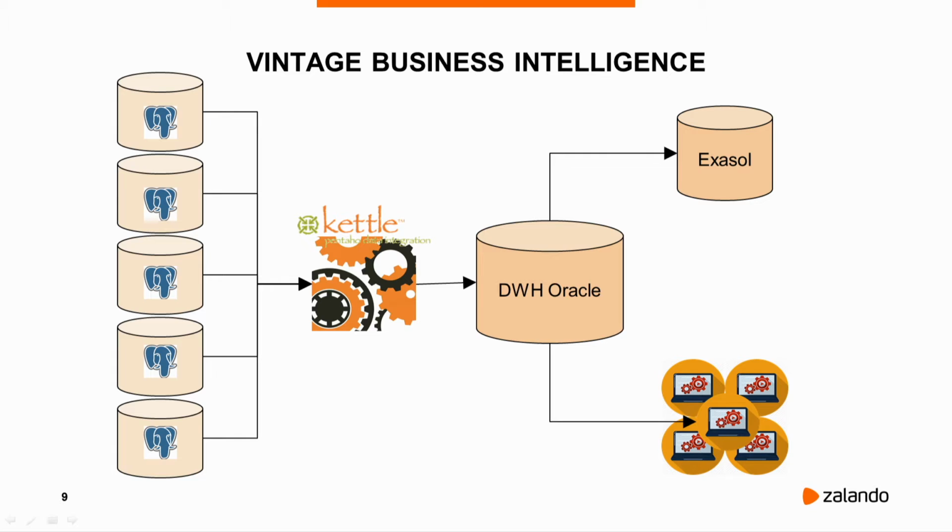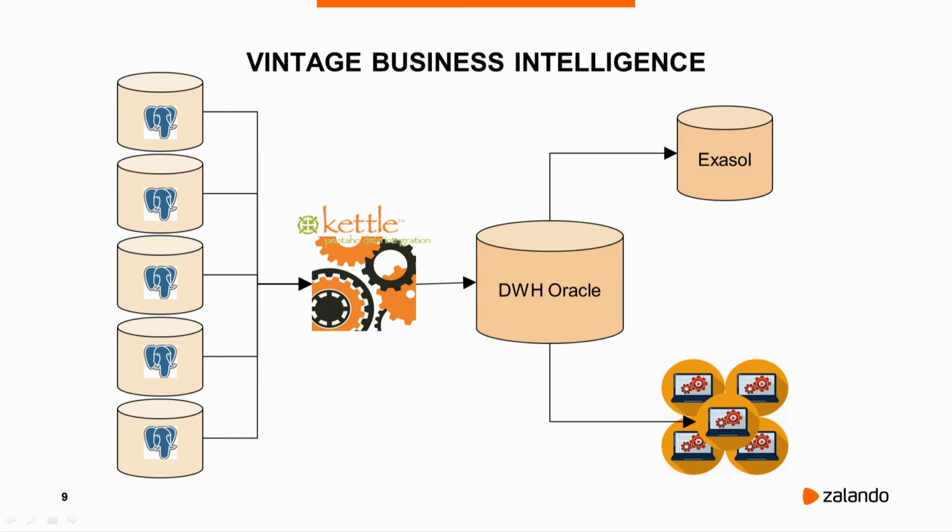From this data warehouse, we export the data to Exasol, which is an analytics database that is used by data scientists to create models and do all their magic. And several tools like MicroStrategy connect to our Oracle data warehouse in order to create reports and for our stakeholders to visualize the information.